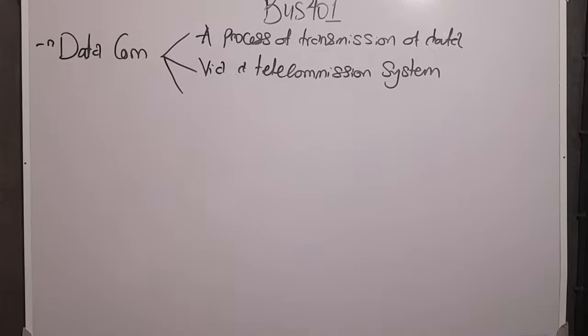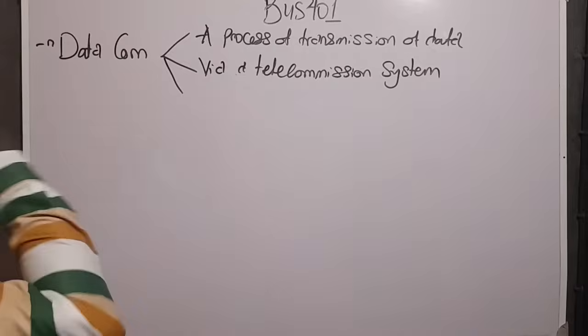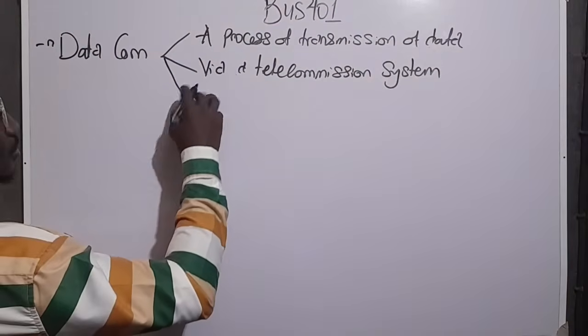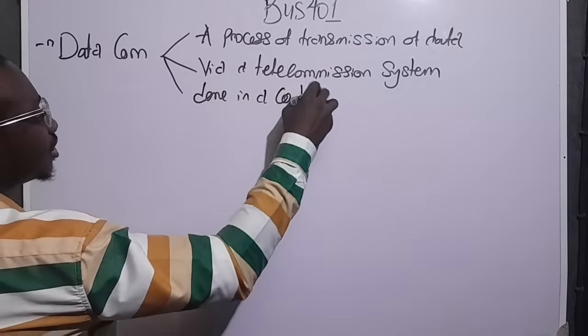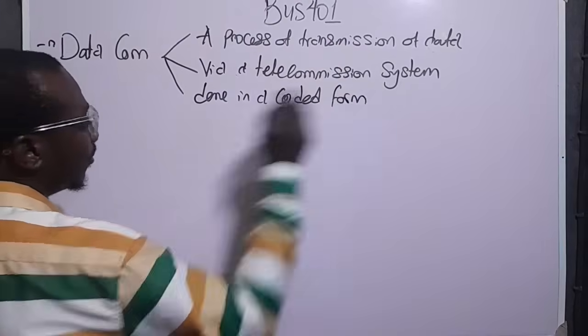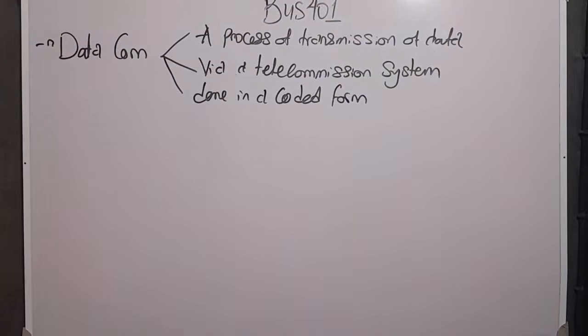What else? In what form is this data being transmitted, and what is this data about? These data are transmitted in a coded form, meaning that it is not everybody that can decode this transmission.